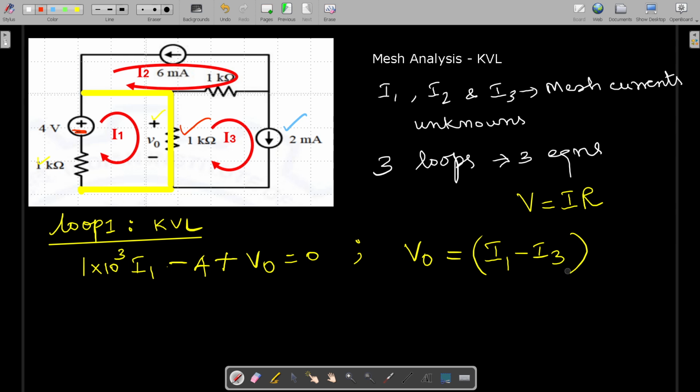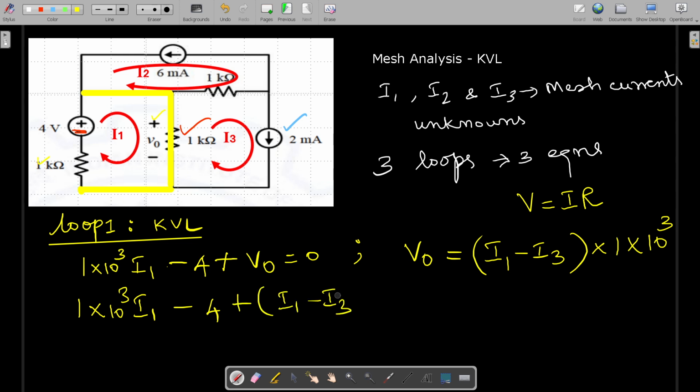So we write the difference of these currents multiplied by the resistance value, 1 kilo ohm, that is 1 into 10 power 3. This can be substituted for V0. So it is 1 into 10 power 3 I1 minus 4 plus (I1 minus I3) multiplied by 10 power 3, equal to 0.